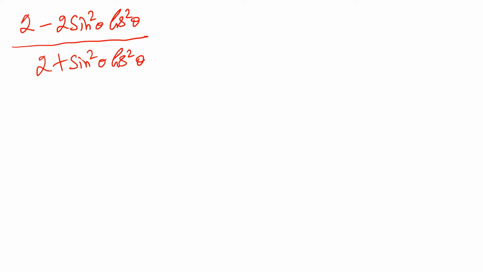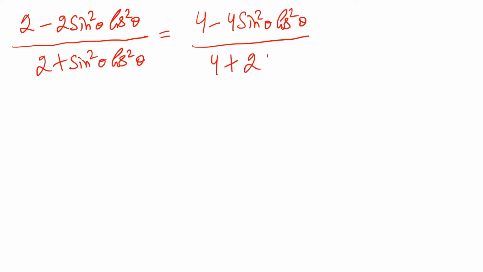So I'll be using this formula here to make this expression look simpler. To create sin 2 theta, I will be multiplying numerator and denominator by 2. I will have 4 minus 4 sin square theta cos square theta in the numerator, and in the denominator I will be getting 4 plus 2 sin square theta cos square theta.